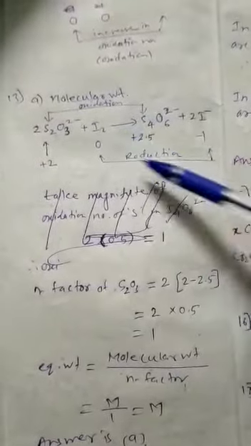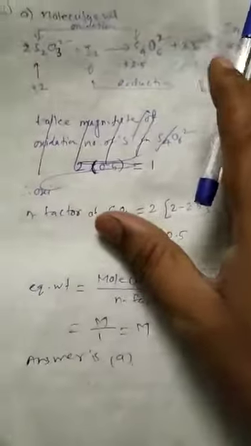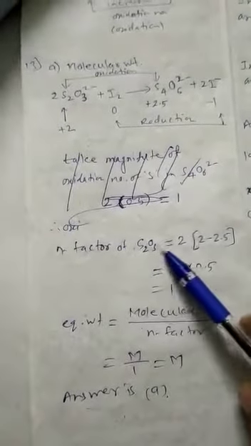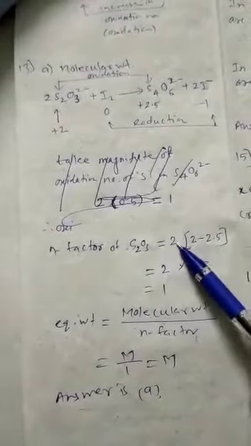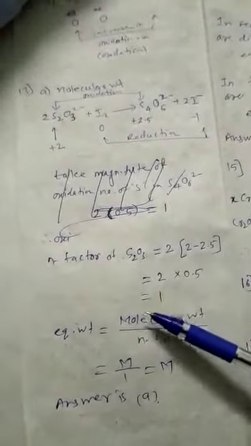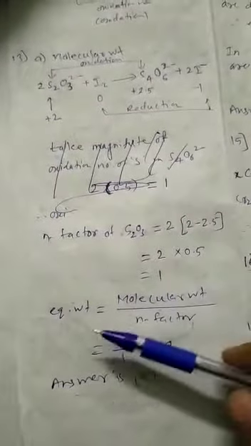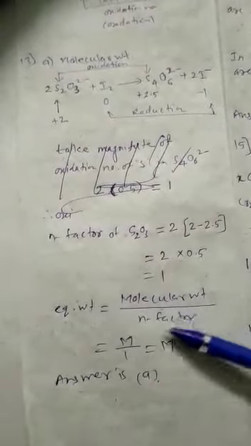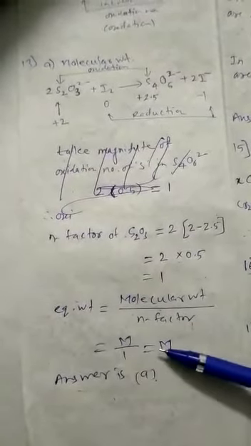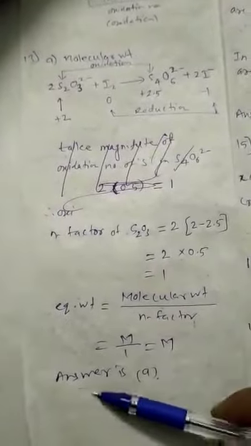Oxidation of sulfur is there and reduction of iodine is there. Now first calculate the n factor of S2O3. We can write 2 into (2 minus 2.5), so that will be 2 into 0.5. So n factor is 1. So equivalent weight is equal to molecular weight upon n factor, and if M is the molecular weight, then equivalent weight is also M. So our answer is A.